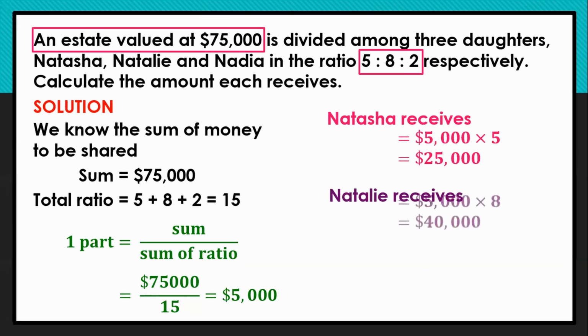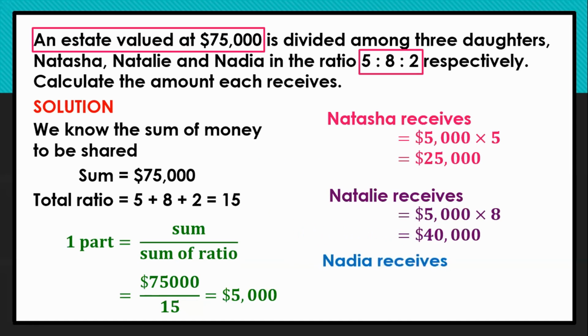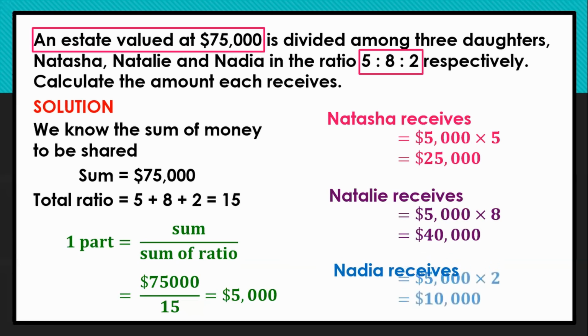So to find Natalie's share, we are going to multiply the 5,000 by 8, which gives $40,000. And we can find what Nadia's share is. Nadia received 2 parts. So if Nadia received 2 parts, it would be 5,000 times 2, which gives $10,000. Did you get these for your answer?